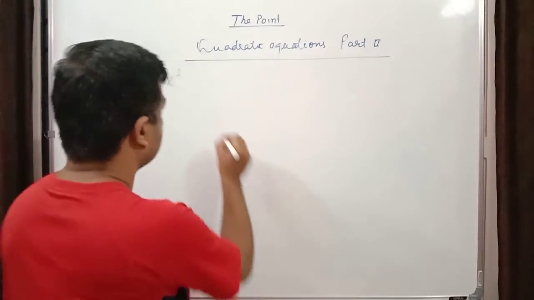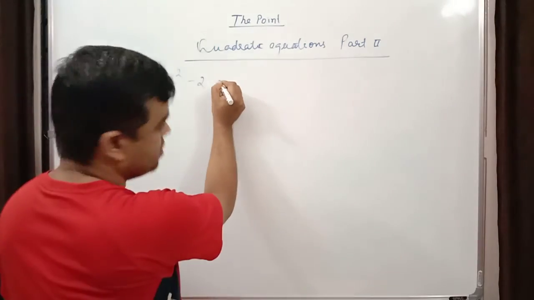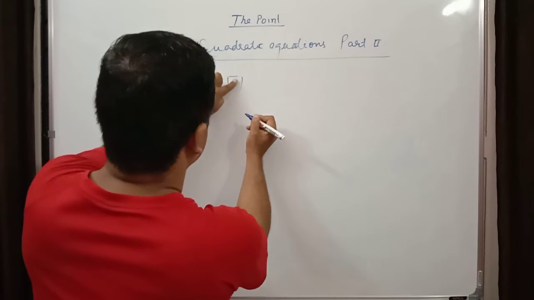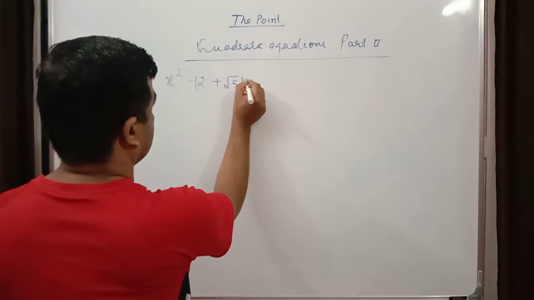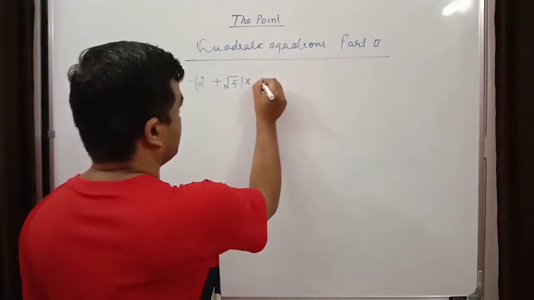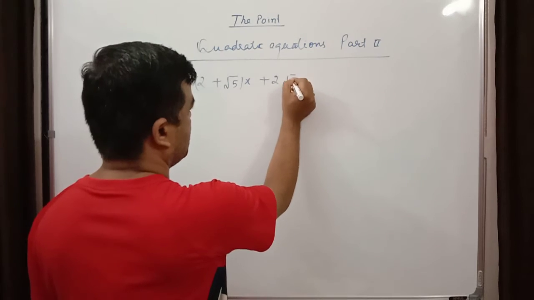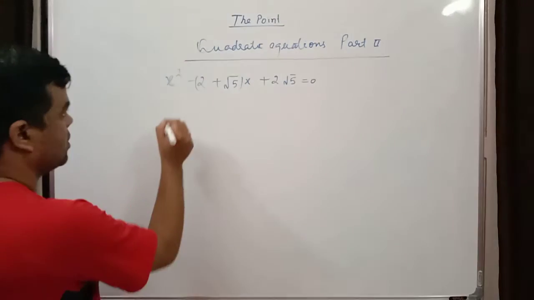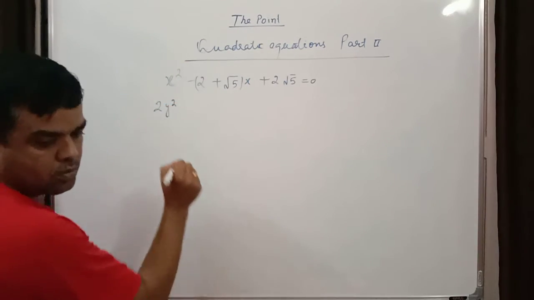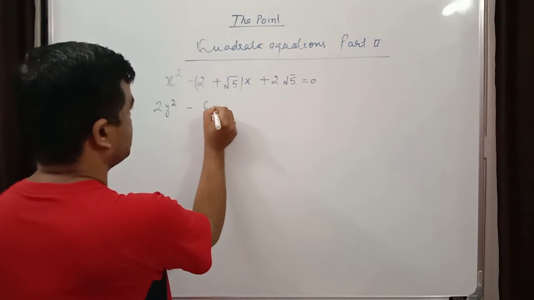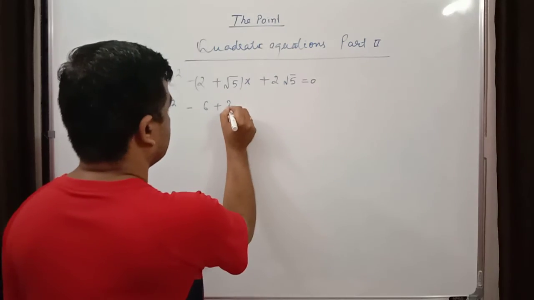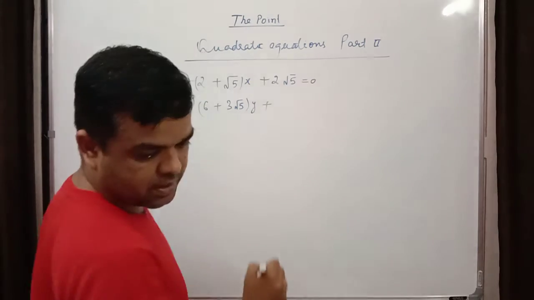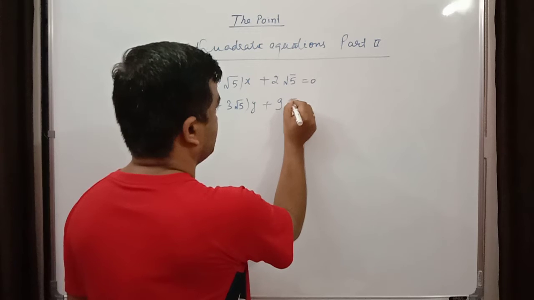x square minus 2 into x plus 2 root 5 is equal to 0, and the y equation is 2y square minus 6y plus 3 root 5 y plus 9 root 5.